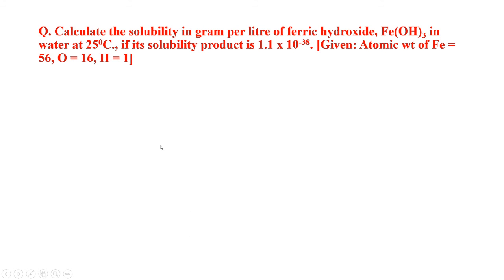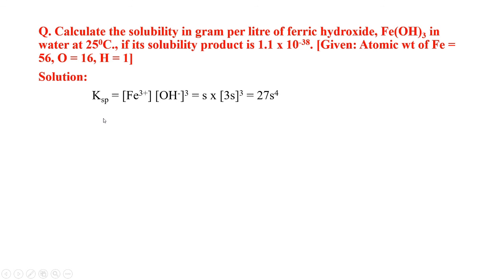And this is the last problem. Calculate the solubility in gram per liter of ferric hydroxide in water at 25 degrees Celsius if its solubility product is 1.1 into 10 raised to power minus 38. Also given are the atomic weights of Fe, oxygen and hydrogen.